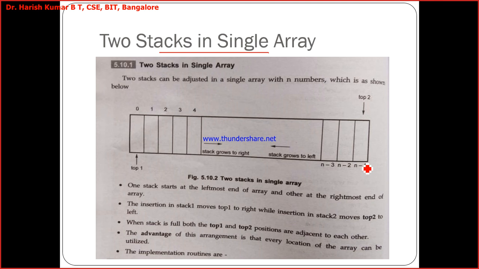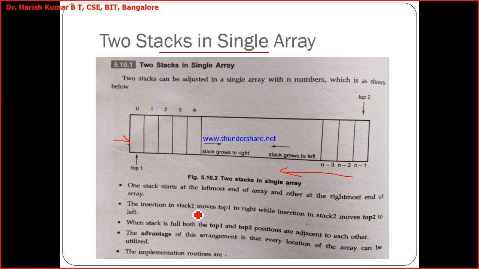Hope people understood what I mean to say. One stack starts at the leftmost end and grows towards the right side, and the other stack starts at the rightmost end and grows towards the left side.